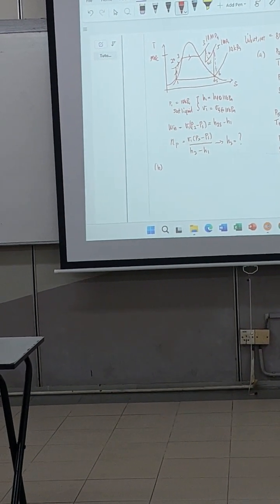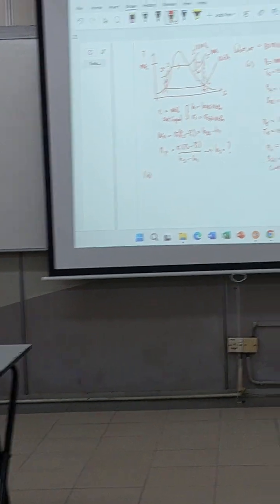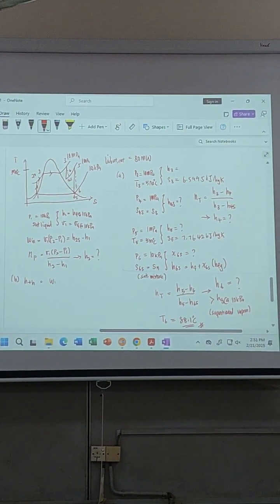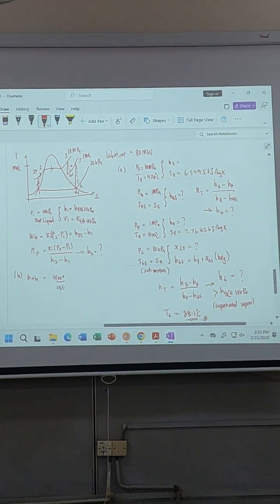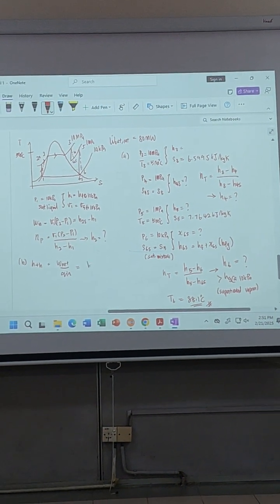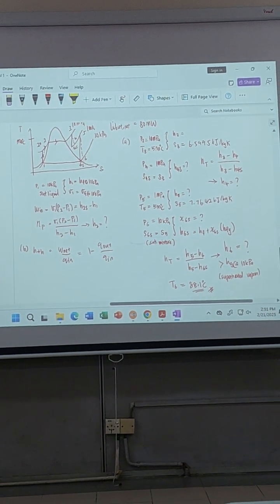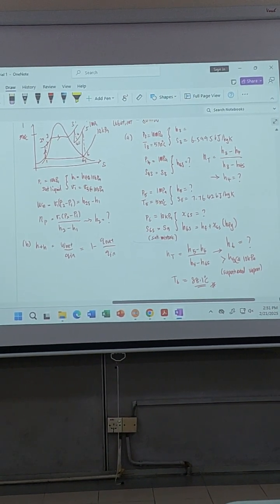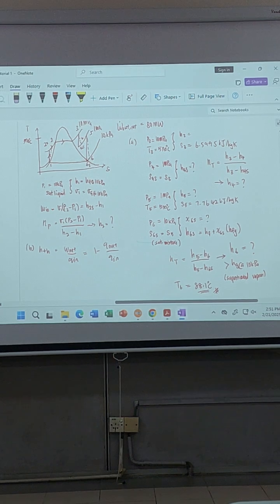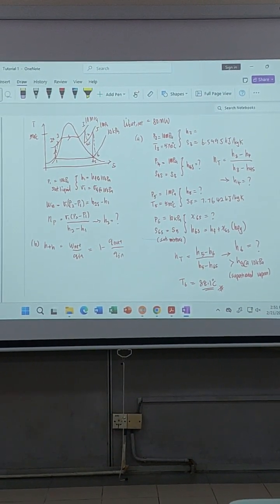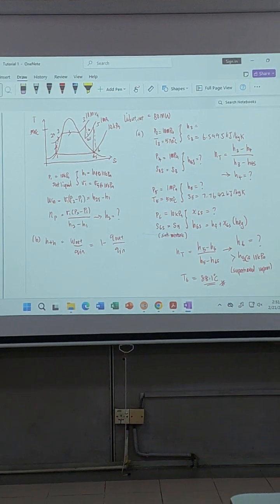Okay, so I will finish this first. So B, you need to find thermal efficiency. So as usual, thermal efficiency is just work net over Q in, or Q out over Q in. So you can either find Q out or Q in or work net. But in this case, I recommend work net. Why is that the case? Because in the subsequent question, you actually need to use work net instead.